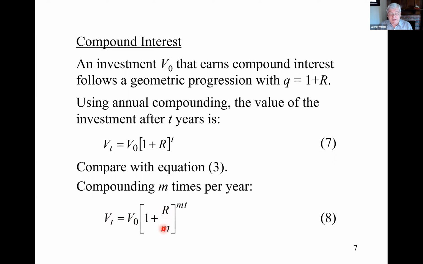So you divide by 12, you get a small interest rate each month, but then you have a lot of months. So that's a more general formula. Here, you work with annual compounding. Here you can work with semi-annual or monthly compounding or even daily compounding.